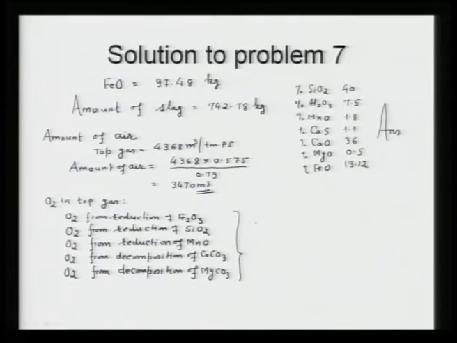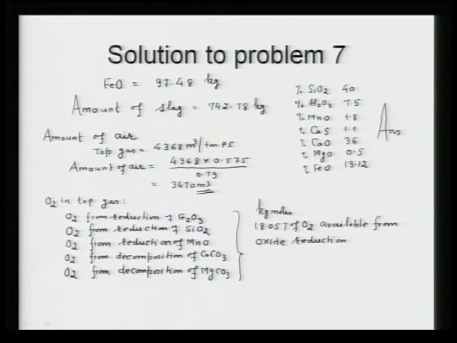So, accordingly you will have 18.057 kg moles of oxygen available from oxide reduction.